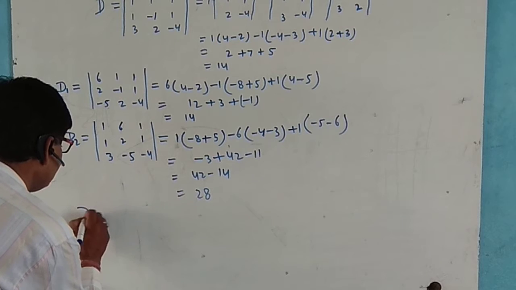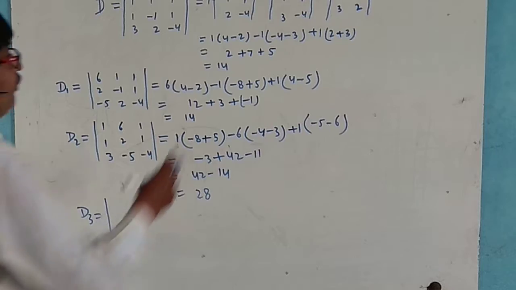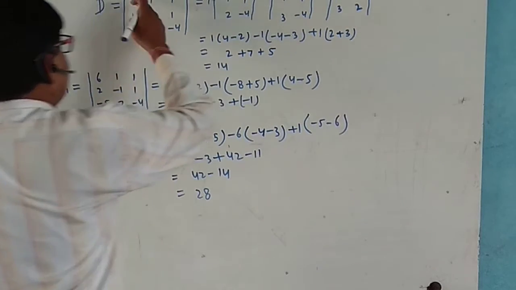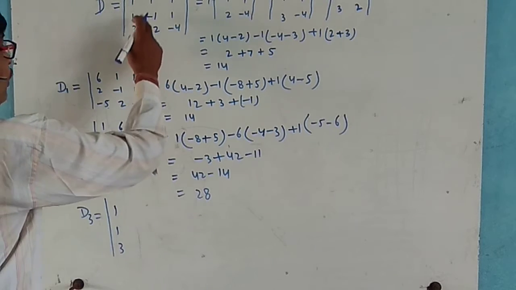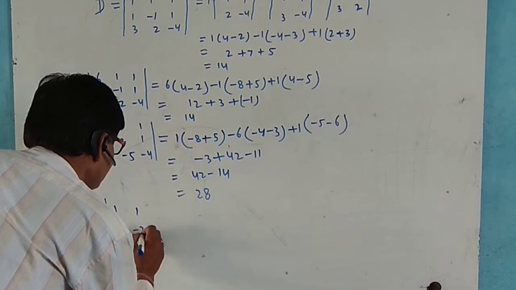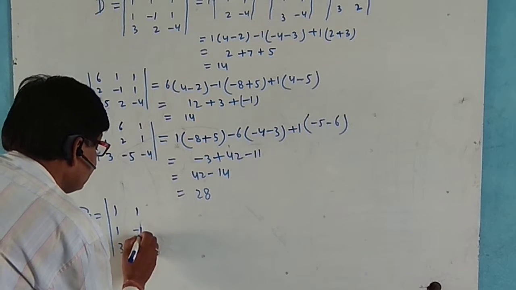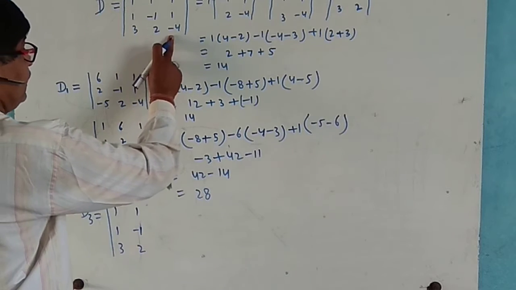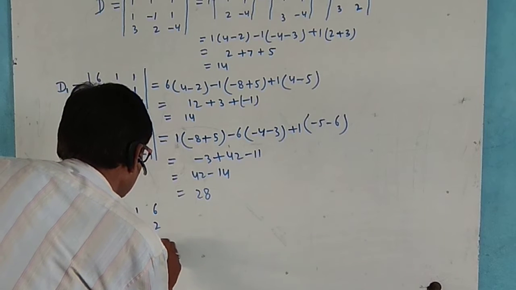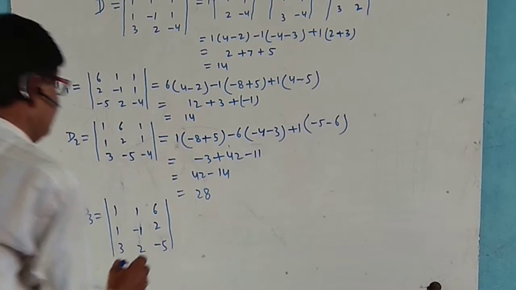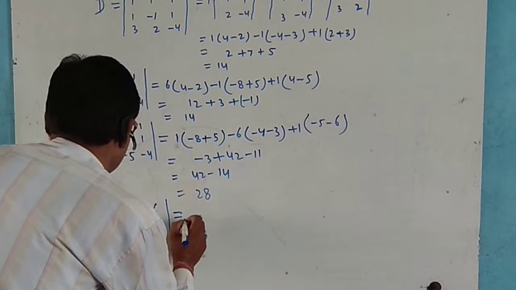Now D3. With the help of D3 we calculate the value of z, so the columns are 1, 1, 3, then 1, minus 2, 2, then 1, minus 1, 2, and this is 6, 2, minus 5, 6, 2, minus 5. Now we calculate the value of this.